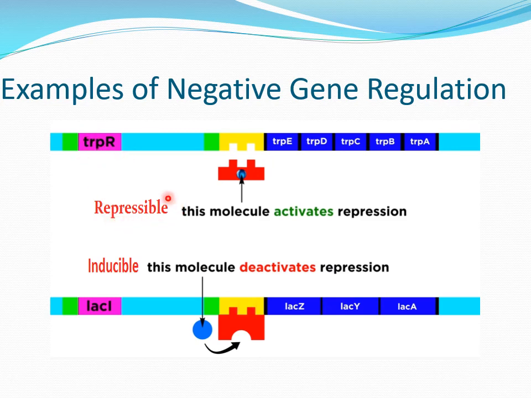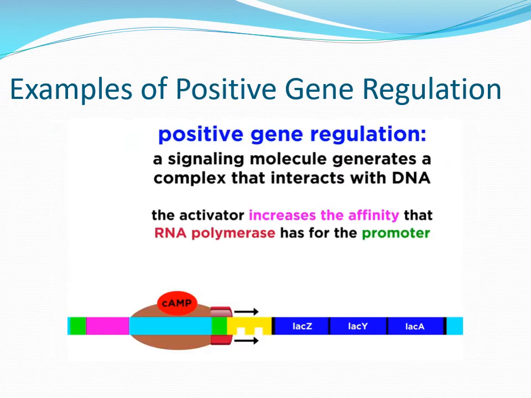whereas the trp operon is an example of a repressible type of operon, in which tryptophan, when in association with the regulatory protein, induces repression of this polycistronic unit. However, while talking about catabolite repression, we have talked about this CAP protein, which is activated by cyclic AMP.